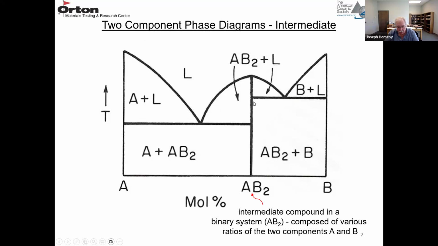Basically, this vertical line is AB2, and if you look at the diagram to the left of AB2, it's a simple binary eutectic, and then the one to the right of AB2 is another simple binary eutectic.